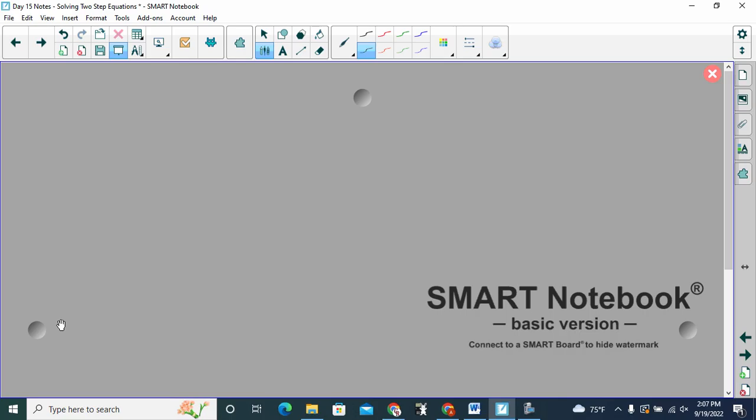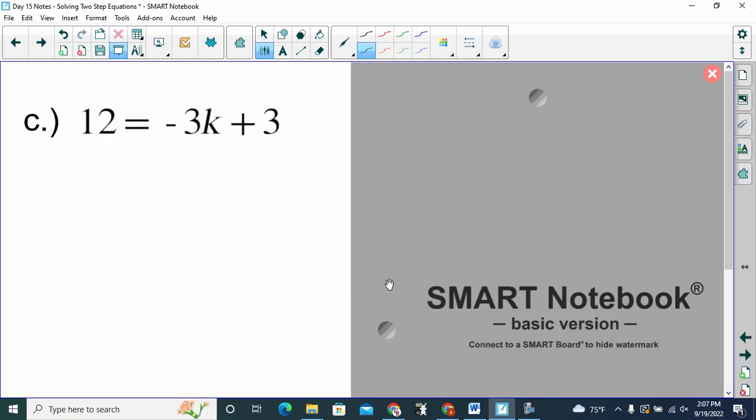Part C says 12 equals negative 3k plus 3. So I've got k, we multiply times negative 3 first, and then we add 3.